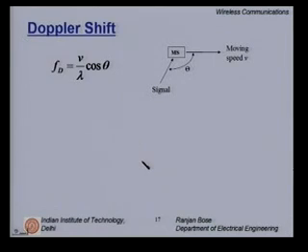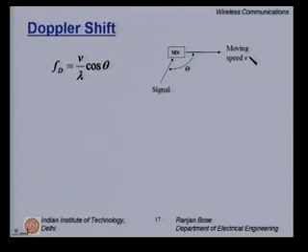So what is important is not only the direction of the motion, but what is the angle formed between the signal received and the direction of the motion of the mobile station. So consider in this diagram a mobile station. It could be a person sitting in a car, a person traveling in a train, or a person walking in this direction, whereas the signal is being received from an angle theta.